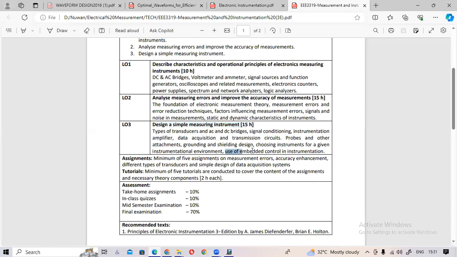Okay, so here you can see that we have to understand the use of embedded control in instrumentation. So we will try to develop a measurement instrument using an embedded system.